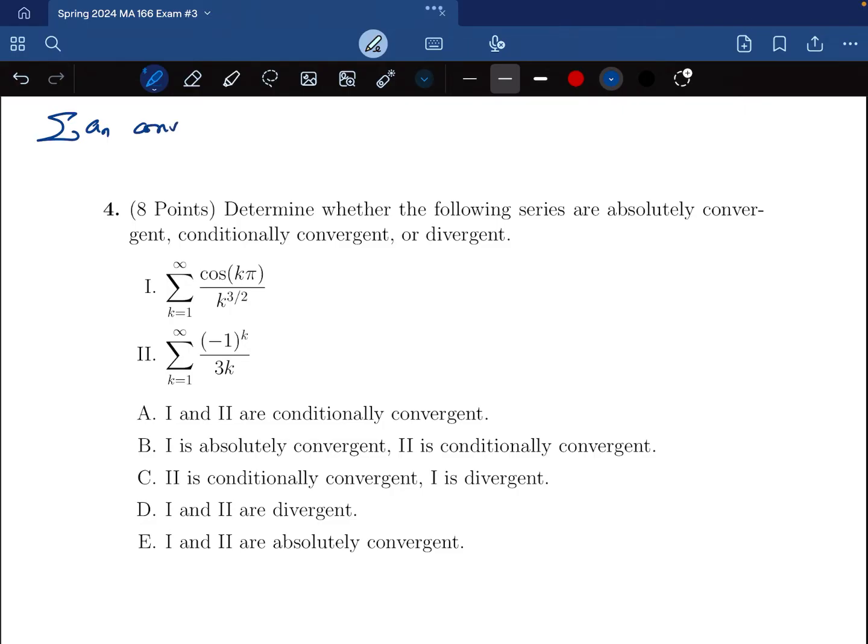If this series converges, and the series which consists of the absolute value of every term in an also converges, so let me write out converges, and this series converges, this is absolutely convergent. So the original series converges, and the series obtained by taking the absolute value of each term converges. Then we get absolute convergence.